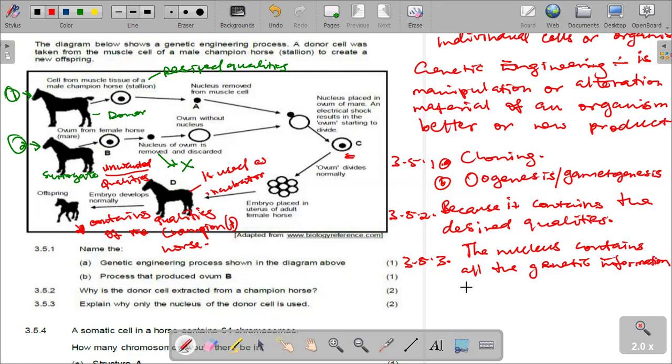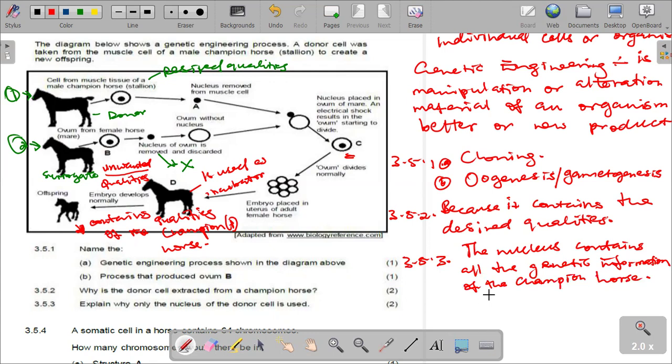The nucleus contains all the genetic information of the champion horse, which is also desired. We need the nucleus because it is the one that has the qualities or the genetic information that is needed there.